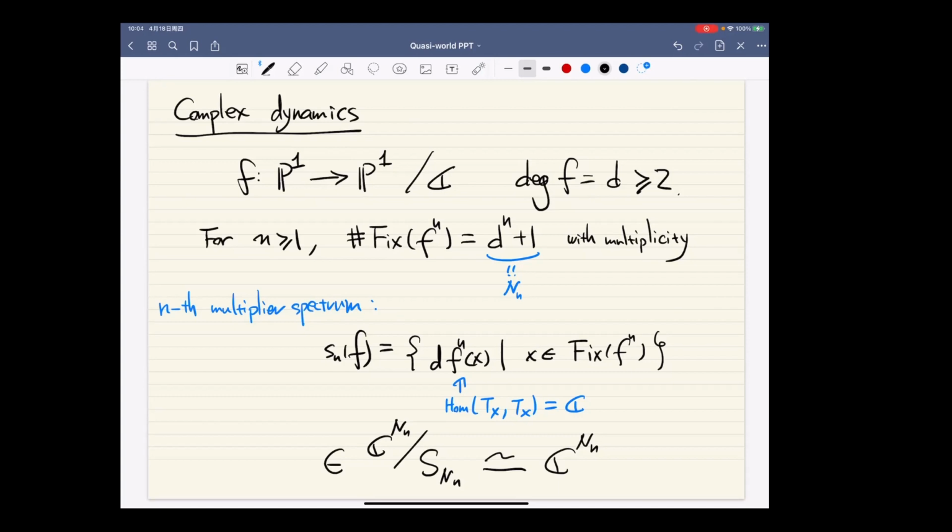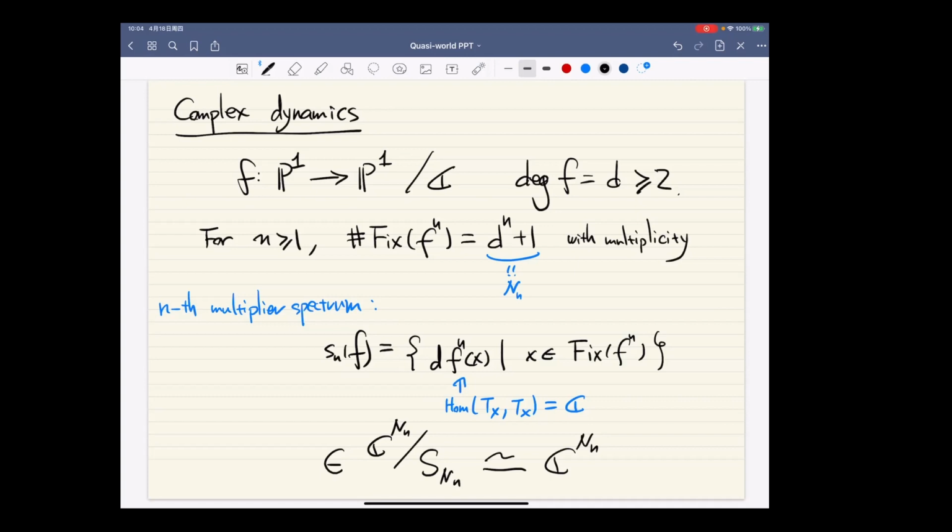Then we can define the nth multiplier spectrum. It's S_n(f), which is the derivative of f^n at all n-periodic points, and then we put them together to be a set.